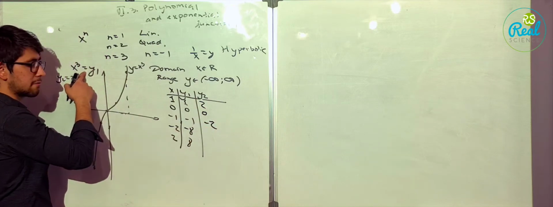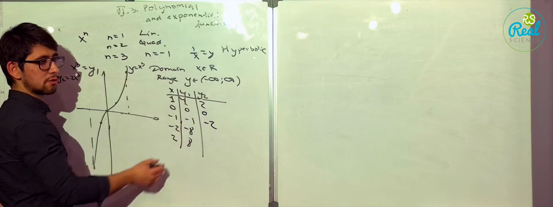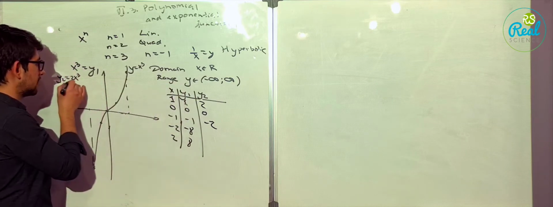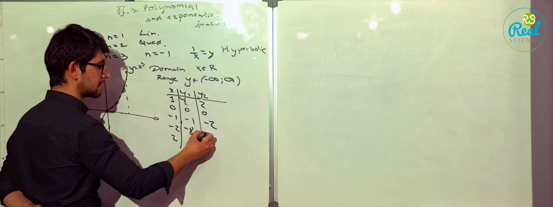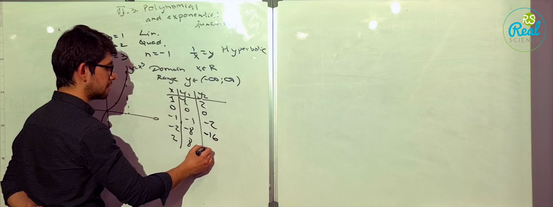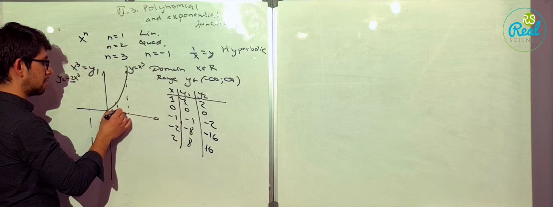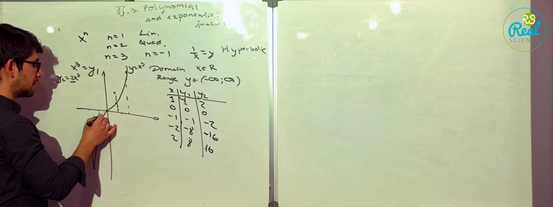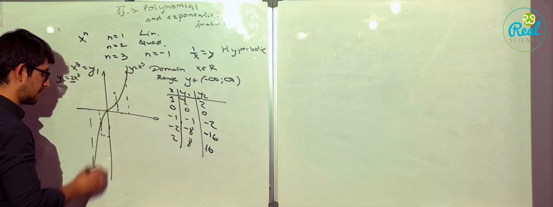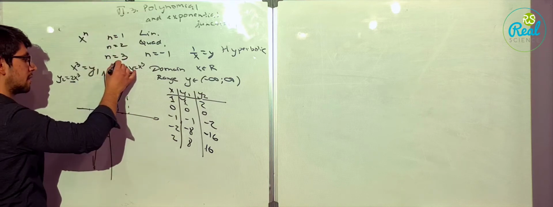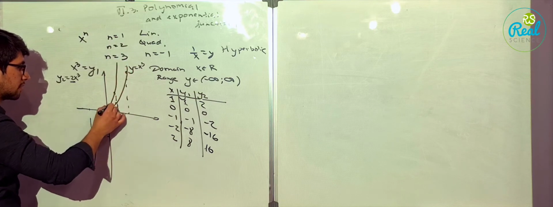Minus 2 on the power of 3 is minus 8. You just multiply your y1 results by 2, the only coefficient that you have. It's going to be minus 16, and 16. So for 1, now here you have 2. For minus 1, you have minus 2. And minus 16, 16. Something like that, okay?